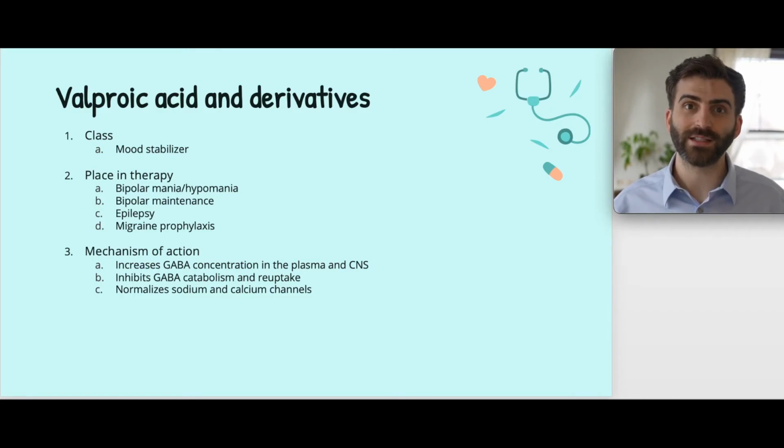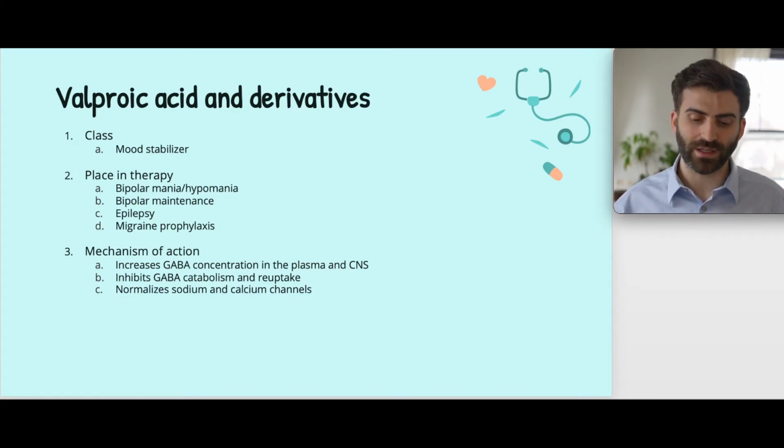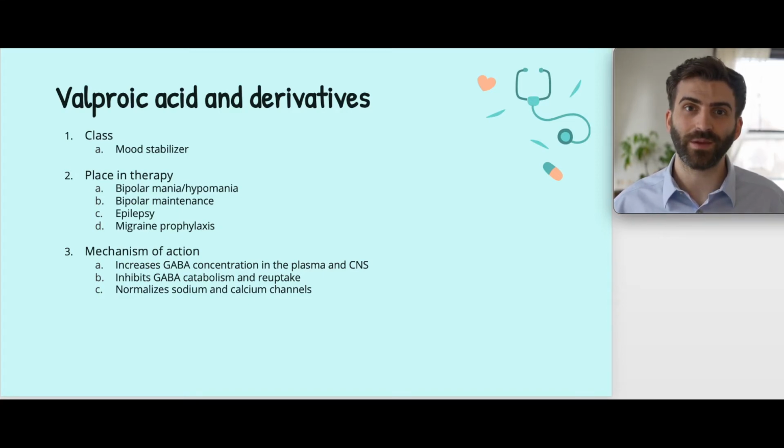So valproic acid was originally developed as a seizure medication. And then in some of these patients who had mood instability, it was shown to help stabilize their mood. So just by chance, valproic acid was shown to be helpful for seizures and for bipolar disorder. One other thing to note with valproic acid is that there are many derivatives of it.